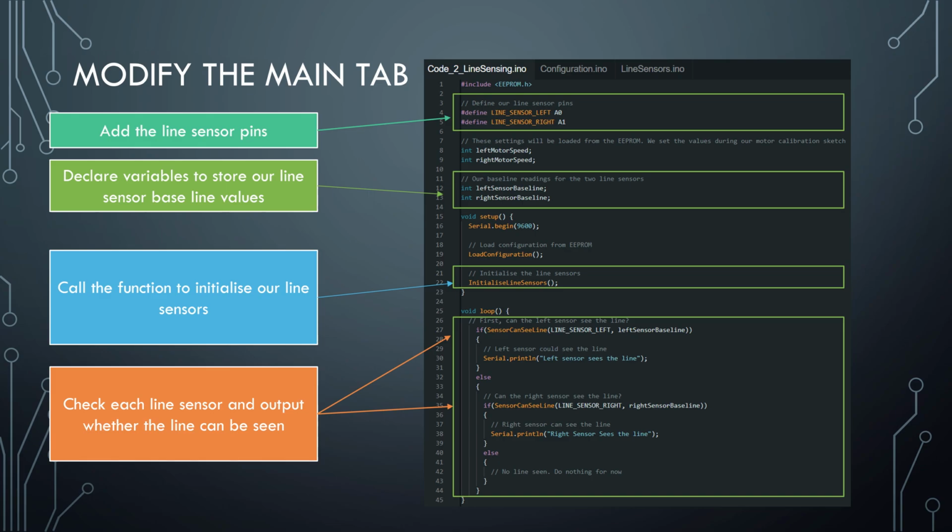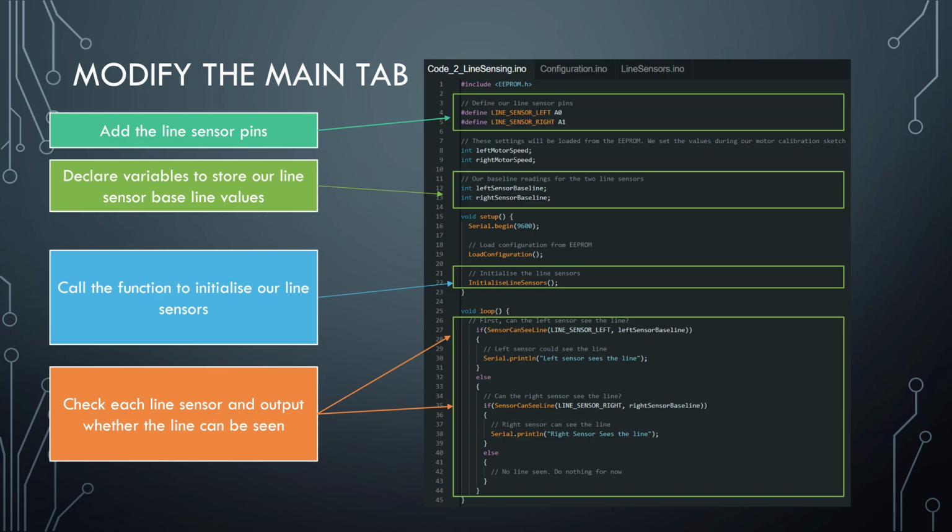In the main loop function, we now added the code to actually see if we can see the lines. We're going to make two calls. The first call is to sensor can see line. We pass in the left sensor pin along with the left sensor baseline. That function runs those calculations that we had in the line sensors tab, and returns whether it can see the line.